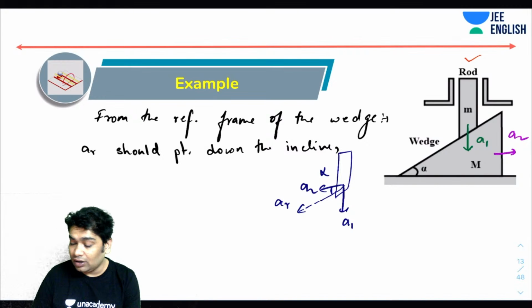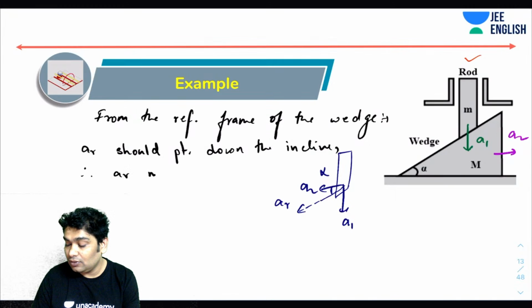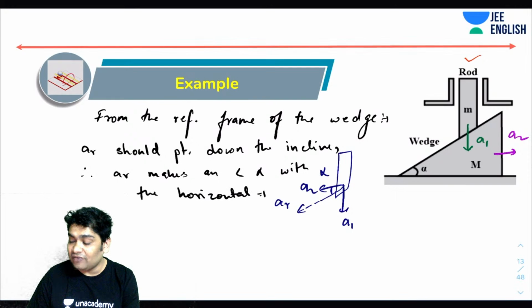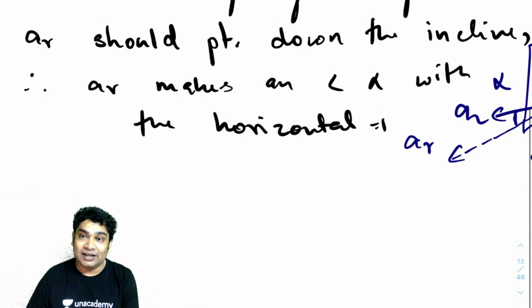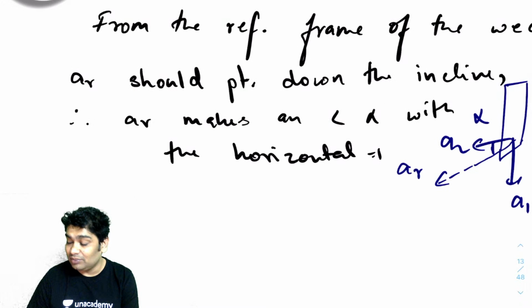So I can now conclude that AR makes an angle alpha with the horizontal. Once I've figured that out, writing the relation between A1 and A2 is very simple.